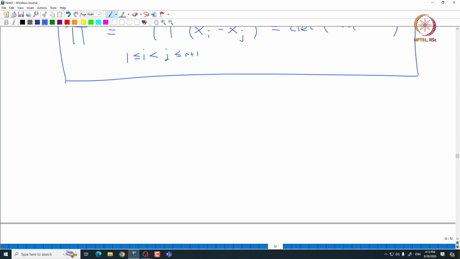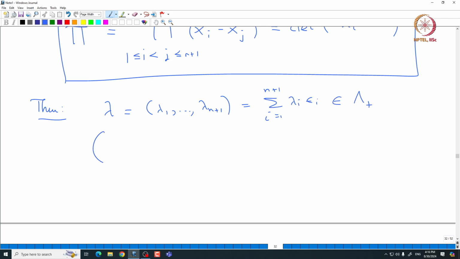Now what about the general formula? If you go to the general Weyl character formula, we can actually make it a theorem. Given λ, let us fix λ = λ1 etcetera λ_{n+1} in terms of the ε_i basis, the summation of λ_i ε_i for i from 1 to n+1, which is dominant.